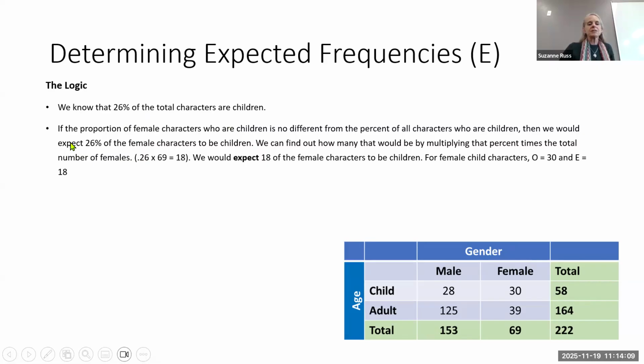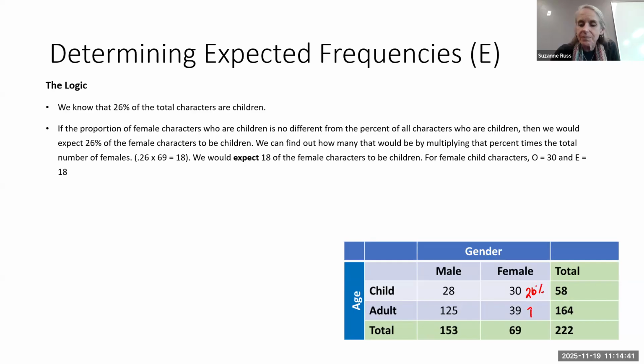If the proportion of female characters who are children is no different from the percent of all the characters who are children, then we would expect, this is weird logic, then we would expect 26% of the female characters to be children, right? So of the female characters, we would expect 26% to be children.